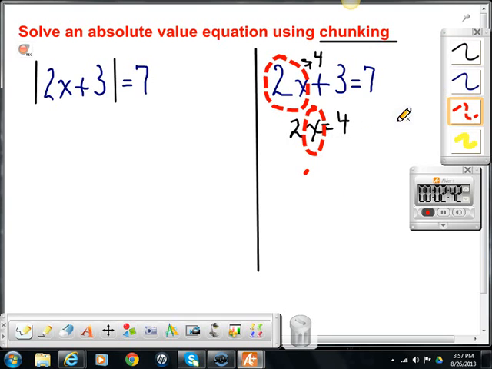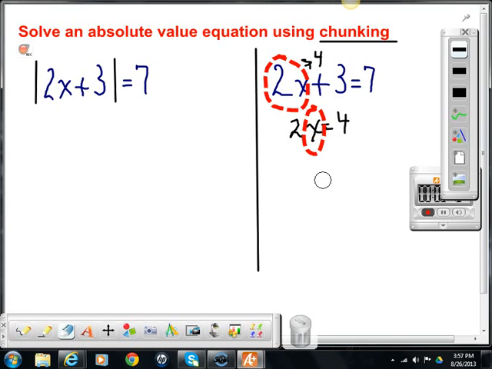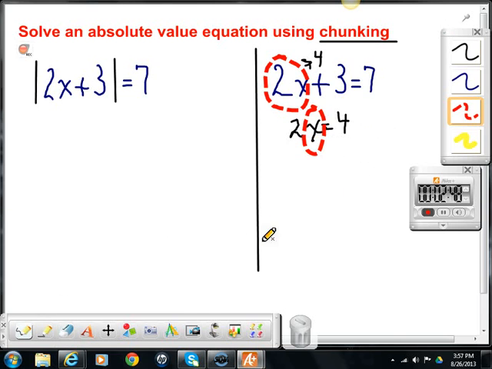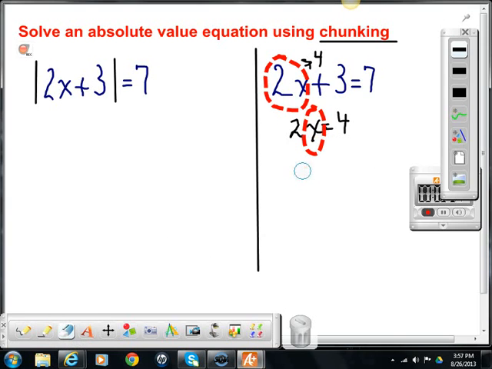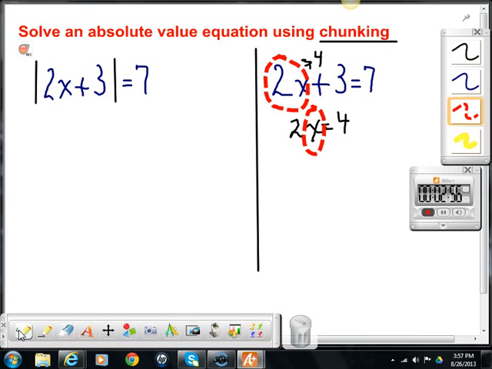That number is 2. So we're going to write down the value of x. x is 2.